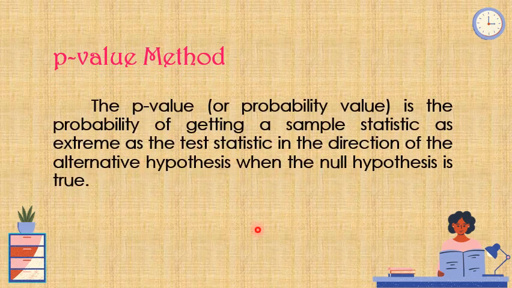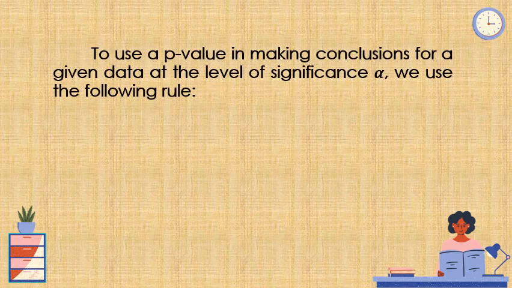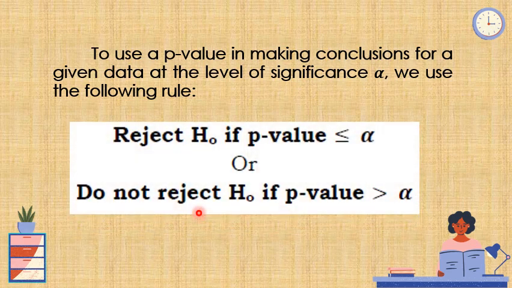P-value method. So, the p-value or probability value is the probability of getting a sample statistic as extreme as the test statistic in the direction of the alternative hypothesis when the null hypothesis is true. So, to use a p-value in making conclusions for a given data at the level of significance alpha, we use the following rule. There are only two rules when we use the p-value.